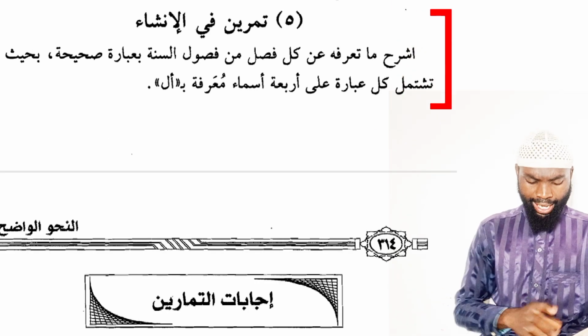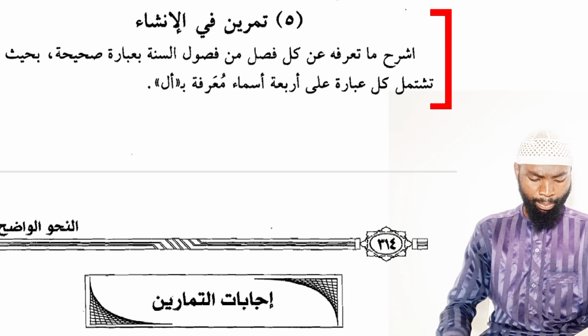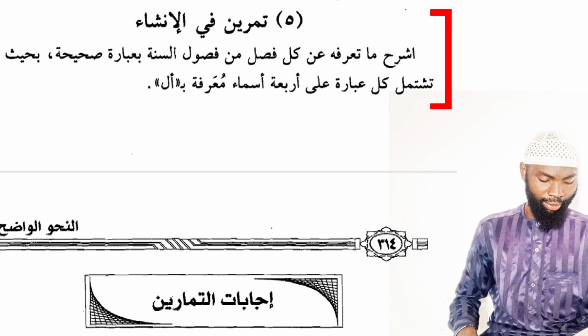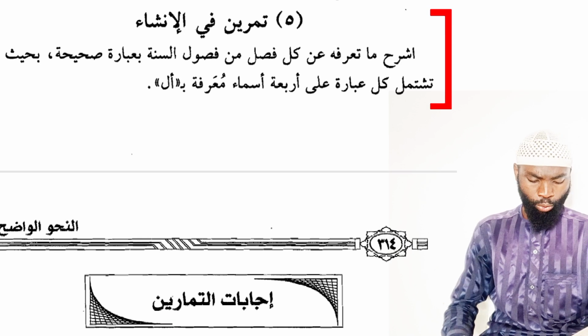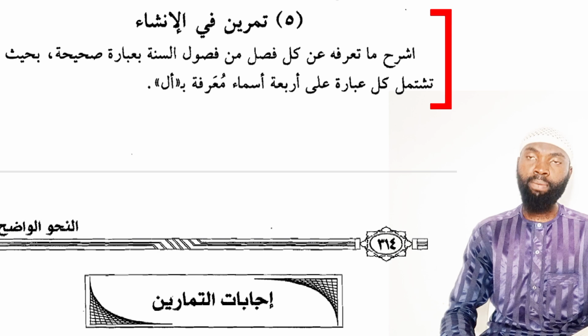Tamrinun fil insha'i, grammatical expression. Here we are to ishrah ma ta'rifu an kulli fasli min fusuli sana bi ibaratin sahihatin bihaythu tashtamilu kullu ibaratin ala arba'ati asma'in mu'arrafatin bi al.